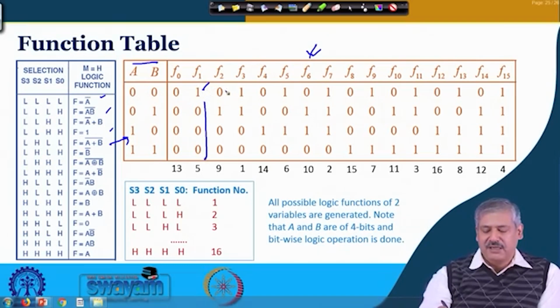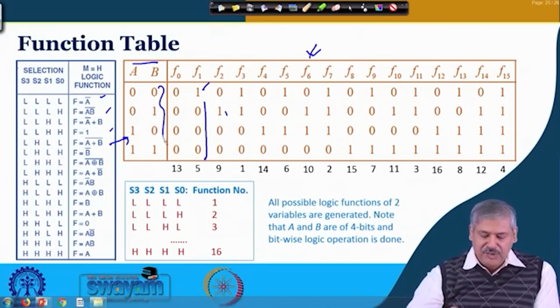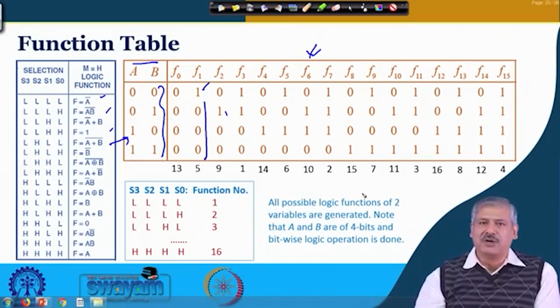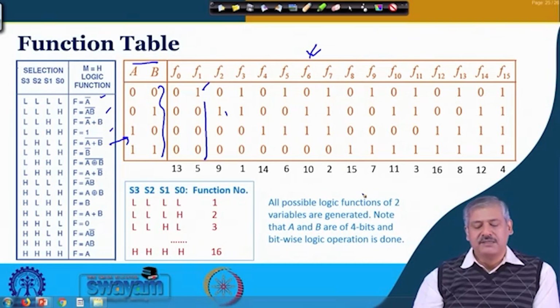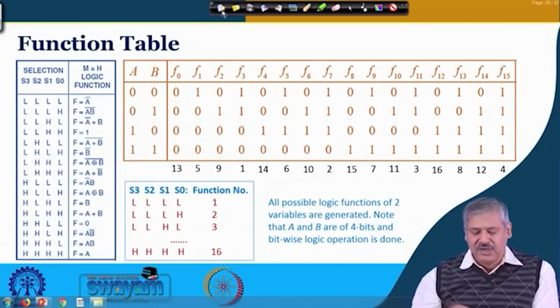One possibility is that for 01 it is 1, and the rest of the cases 0. So, with these 4 you can have 2 to the power 4, 16 different combinations of zeros and ones, generating 16 different functions. We had seen where we got AND, OR and those kinds of cases.